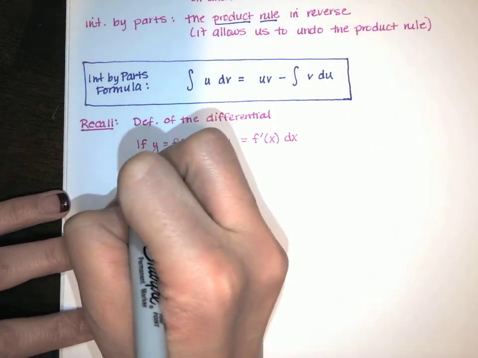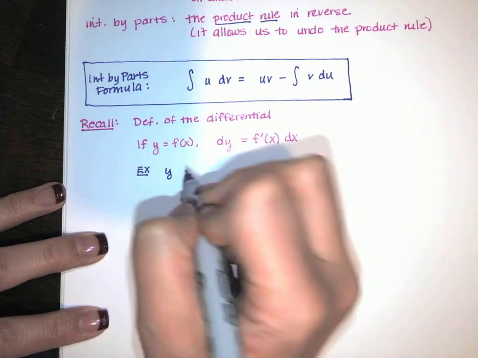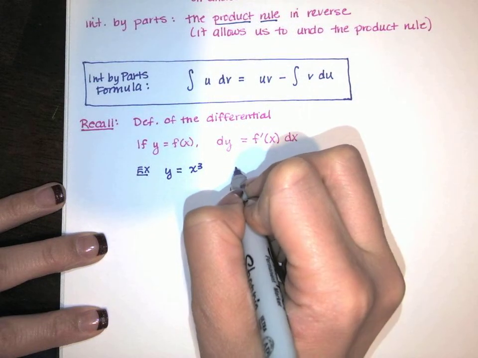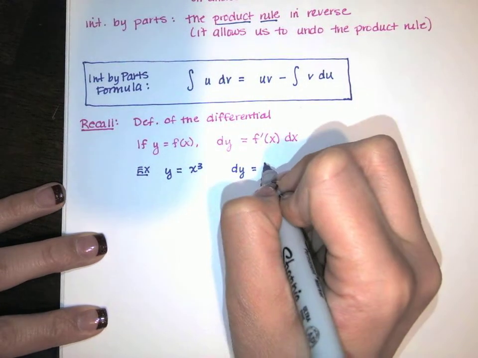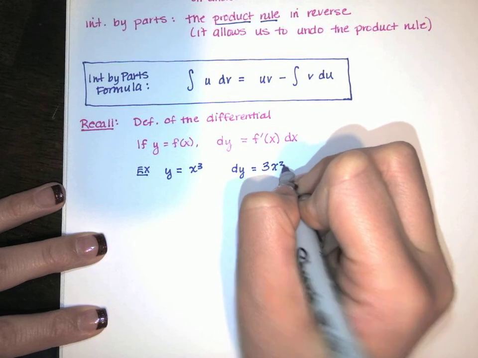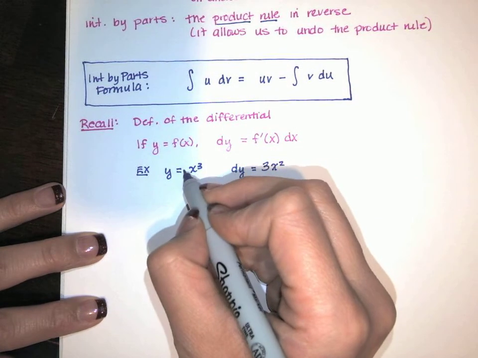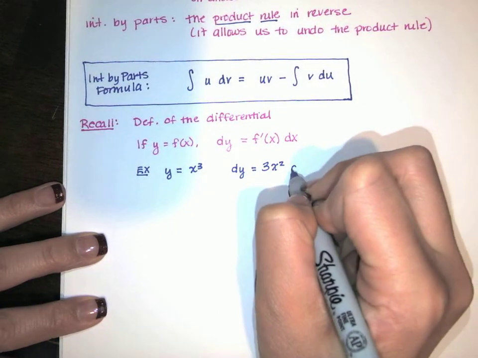So here are a couple of examples. If I have y equals x cubed, dy is the derivative of x cubed, so that's 3x squared by the power rule. Remember, we bring the power down and multiply by x to the 1 less power, times dx.